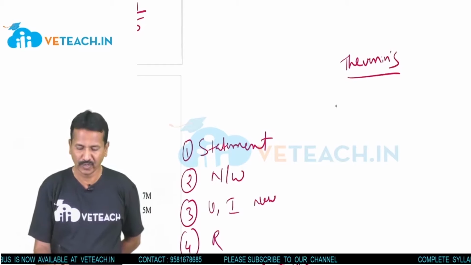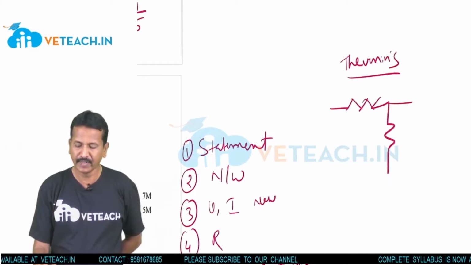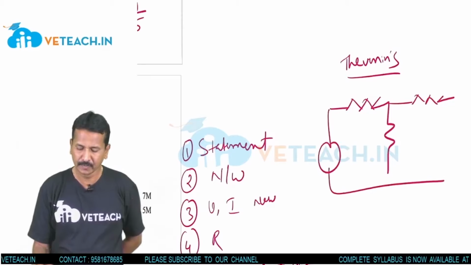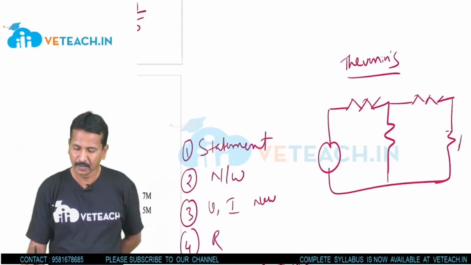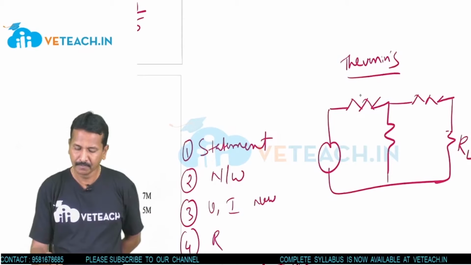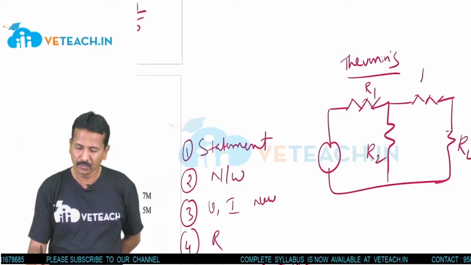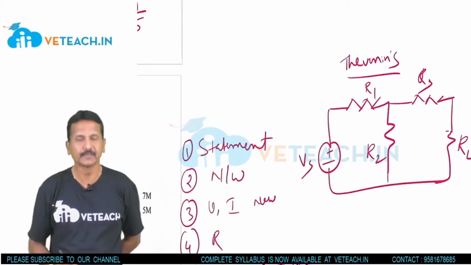Okay. Now for example, he gave one network and I am explaining the steps. RL, this is R1, this is R2, this is R3, this is the voltage source.